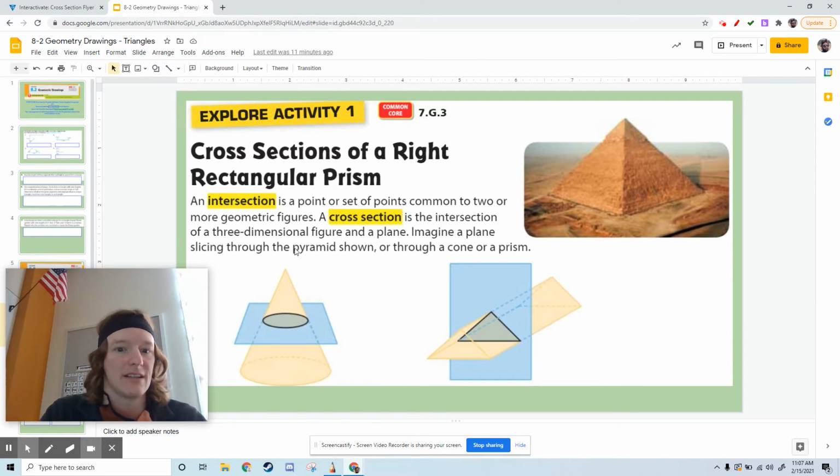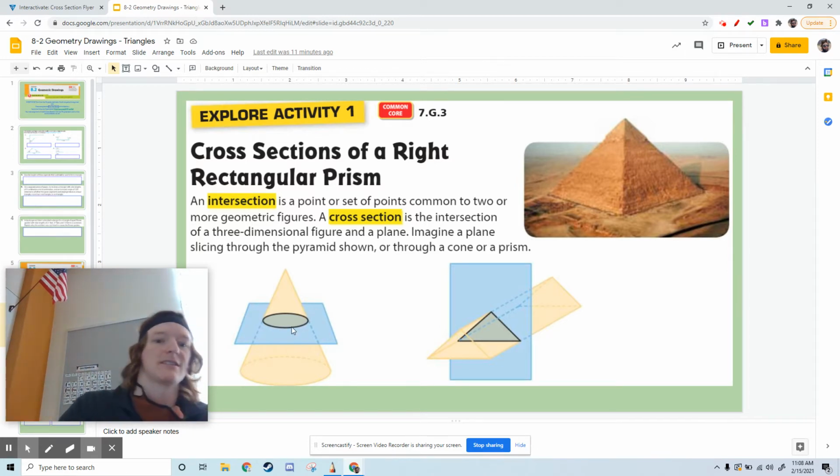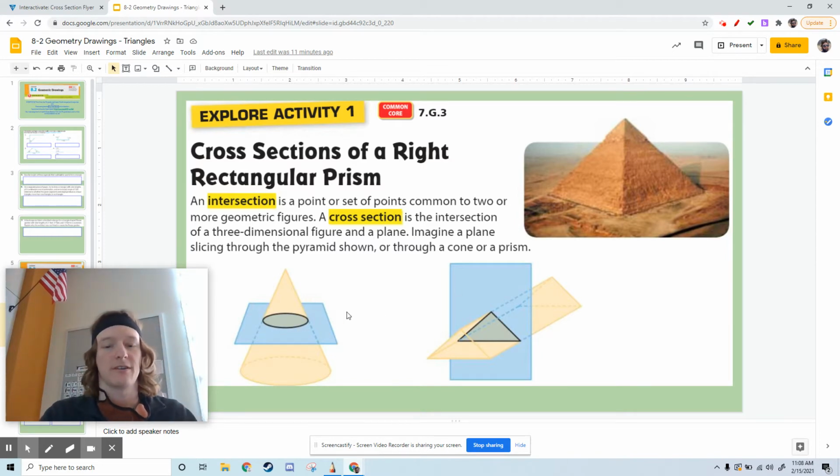Imagine a plane slicing through the pyramid here, or through the cone, or through the prism. So we have a pyramid here. I kind of already showed you a rectangular pyramid or a square pyramid. Now we can look at this cone here. We have a plane horizontally slicing through, and this is what all our cross sections are going to look like.